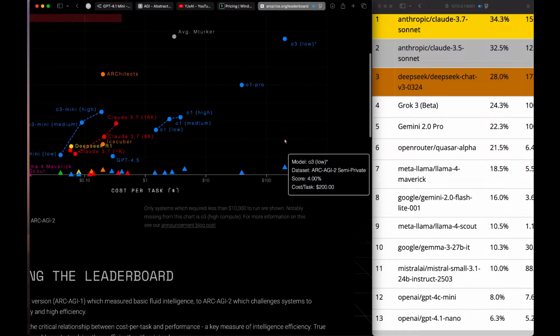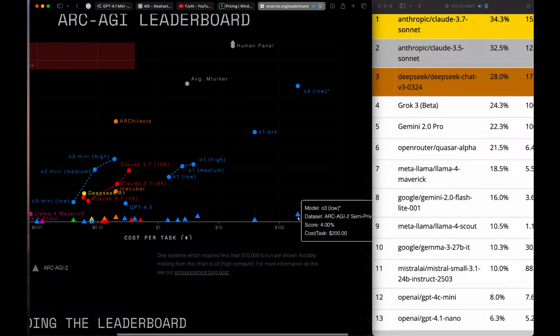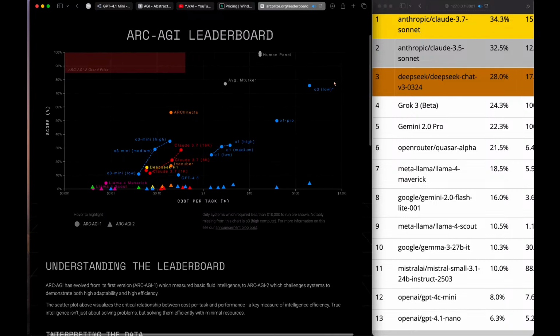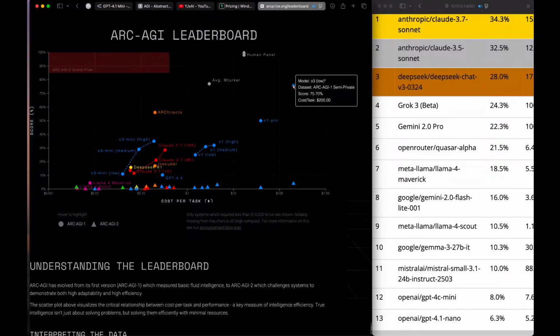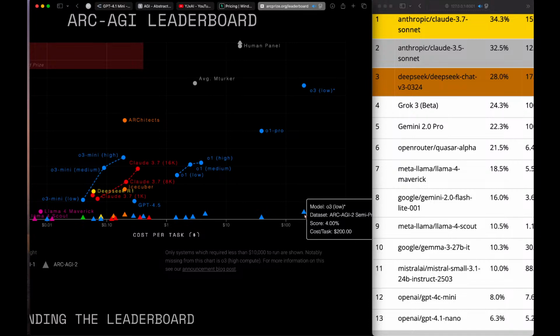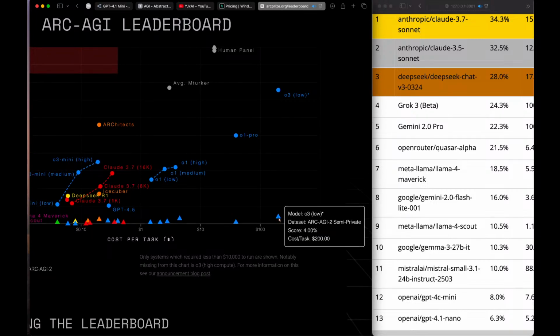I think this is O3 low. Even O3 low was able to score nearly 75%. So O3, even when it's not thinking too much, should give us very good performance. On the ARC AGI 2 dataset, it scores 4%.